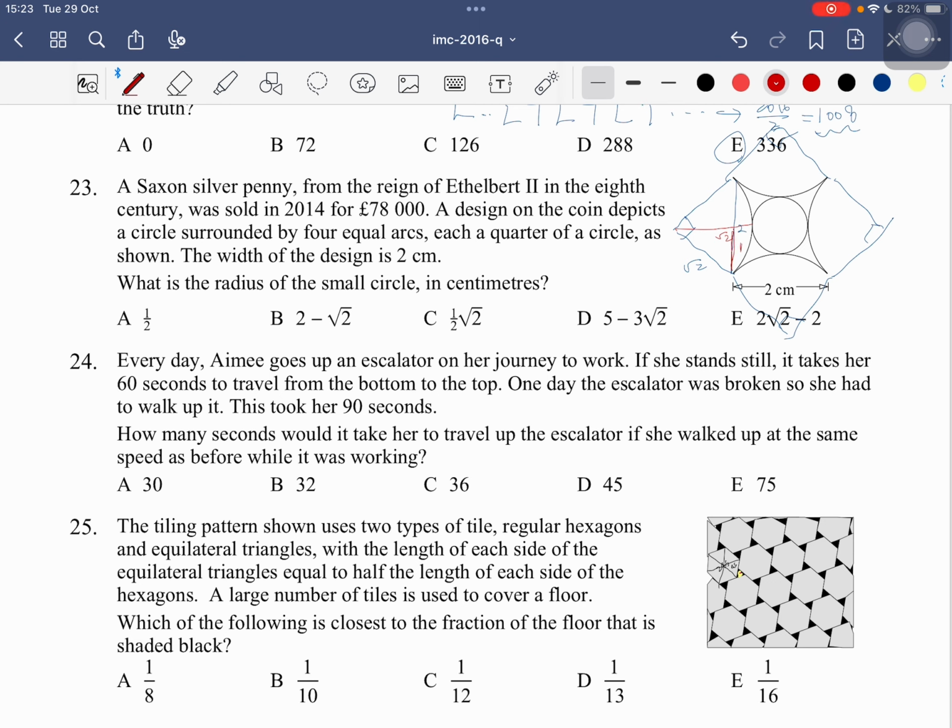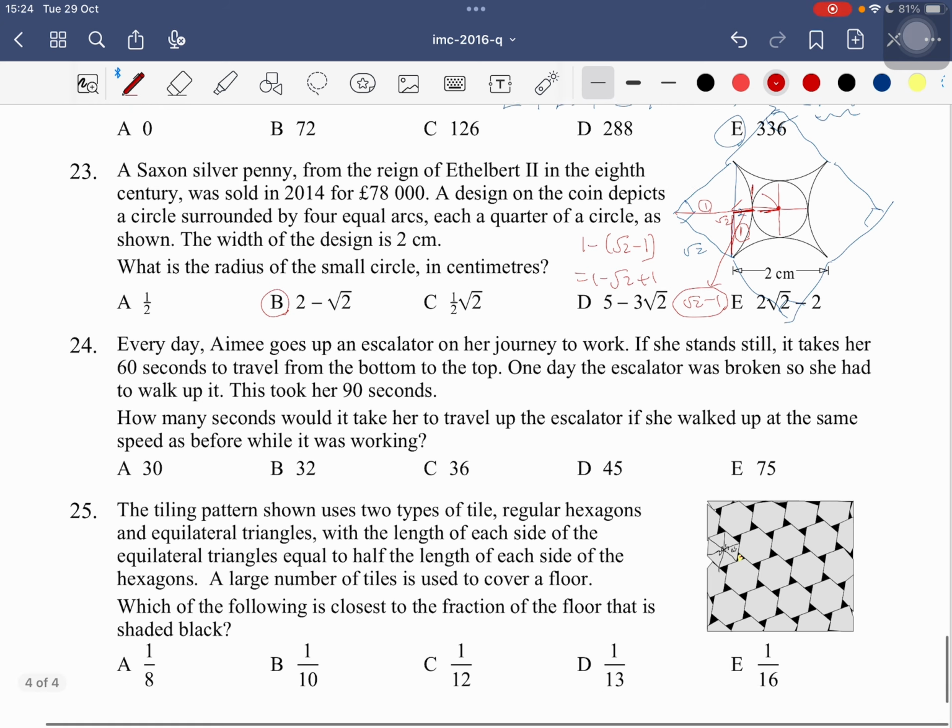And this is 1. This is 1. So if this is 1, then this is 1. And this part should be square root of 2 minus 1. So now we need to find here. So 1 minus square root of 2 minus 1 should be 1 minus square root of 2 plus 1. So 2 minus square root of 2.